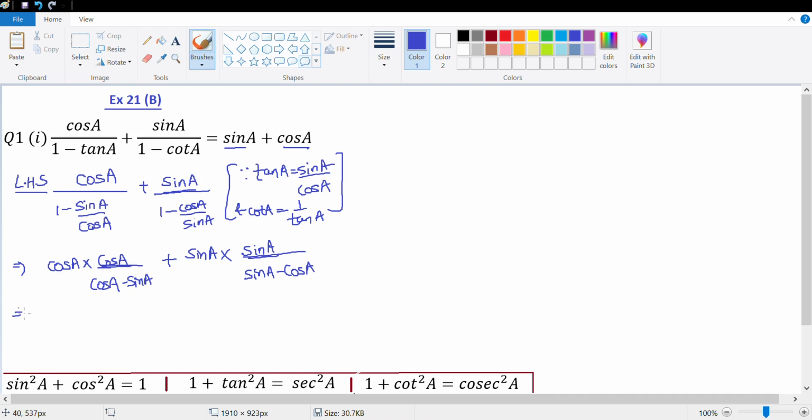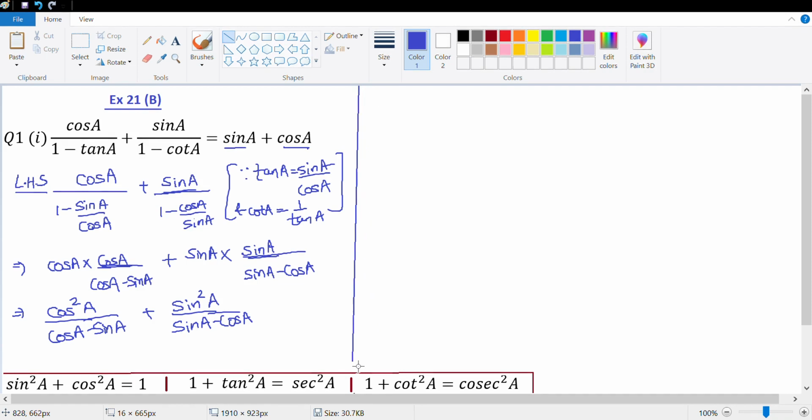Perfect. Let's see if we can get something from here. So this gives me cos square a upon cos a minus sin a plus sin square a upon sin a minus cos a. I notice that the denominator of both these terms is exactly the same, except that the first one is x minus y, the second one is in the form y minus x. So we've done how to change the sign here.